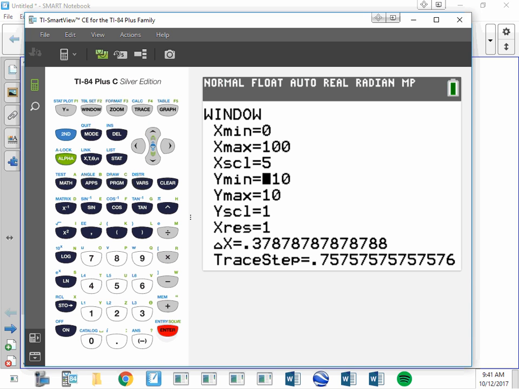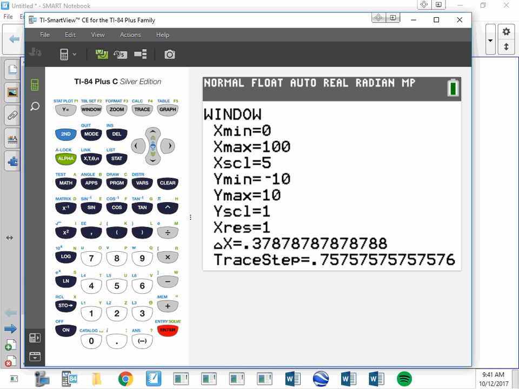What do I know about my y values? Hopefully, we don't go lower than 0, but how high are we going to go? Well, hopefully higher than 12,500, right? But I don't have to make those decisions if I don't want to.